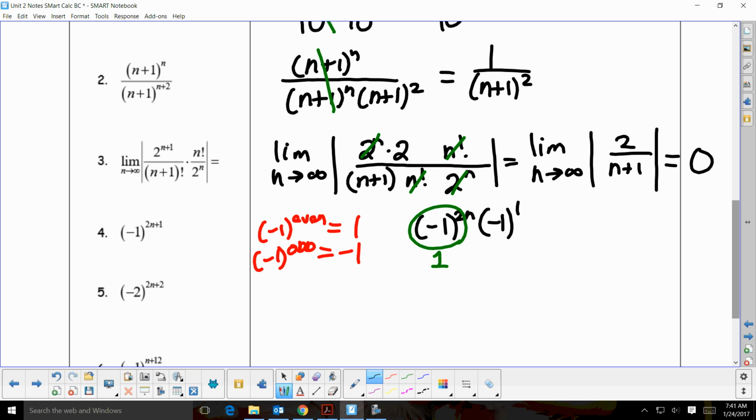So basically that part just becomes 1. Then I still have it times the -1, which would give me my final answer of that thing right there, which is actually just -1.